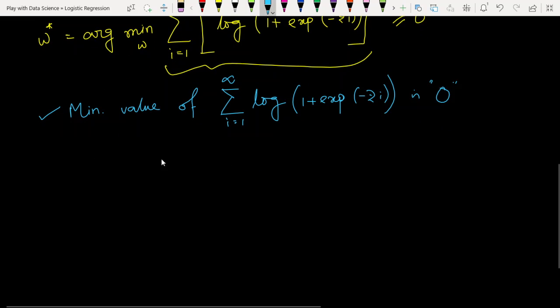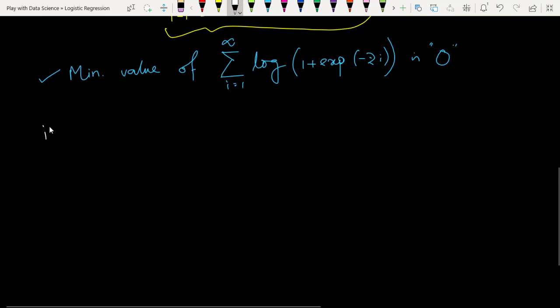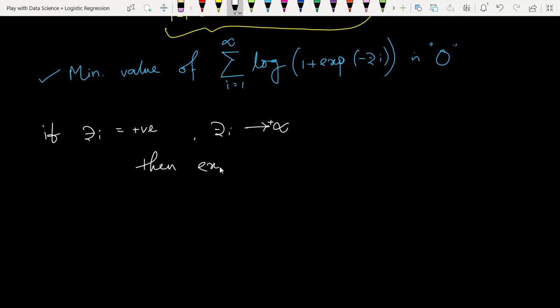One thing to note: if zi is positive and zi tends to infinity, meaning plus infinity, then exponential of minus zi tends to 0.